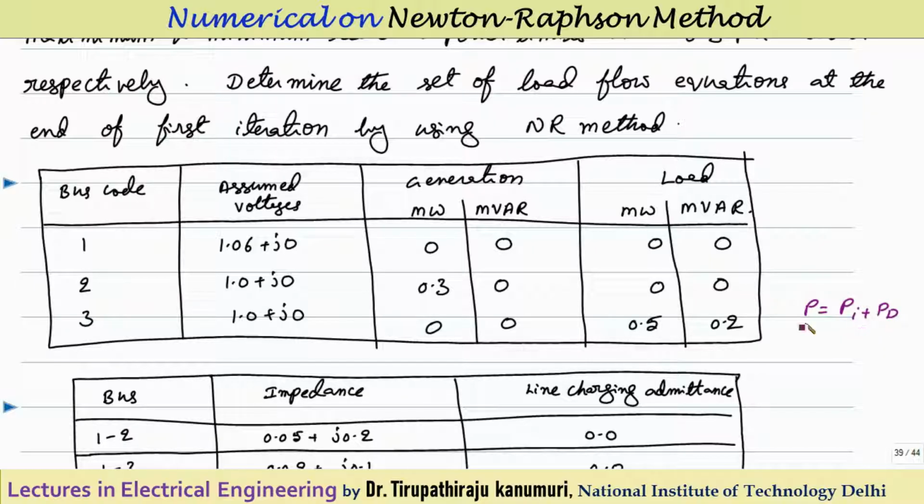Pi is not there because it is demanding or taking the power. That's why whatever values of P and Q are given, you have to take with the minus sign for calculating P as well as Q. Similarly, Q will be equal to Q injected minus Q demanded. Getting it? This is my demanded power. Please remember this.